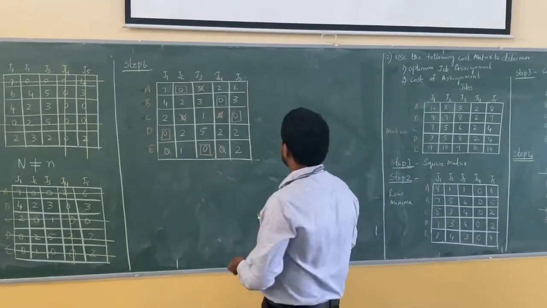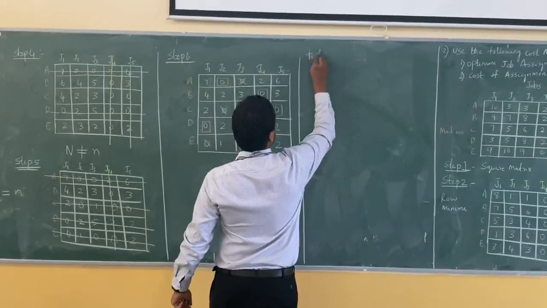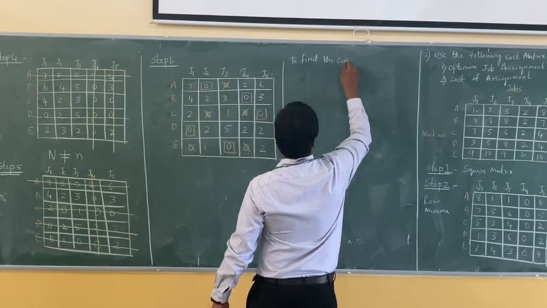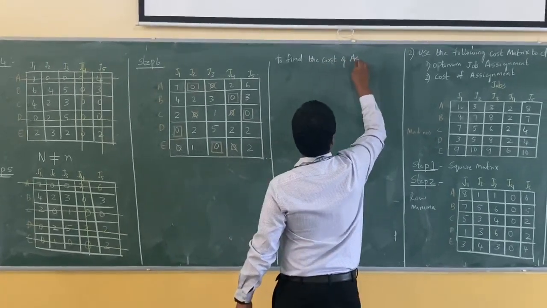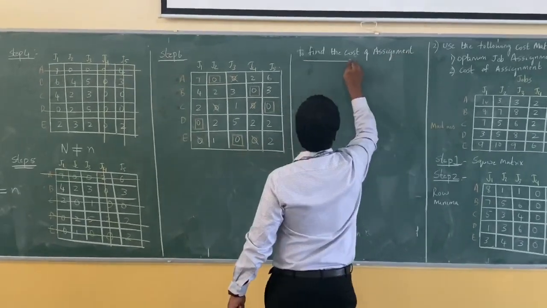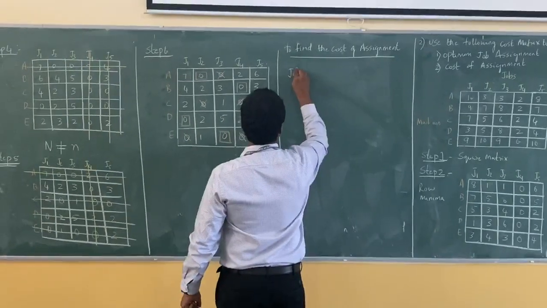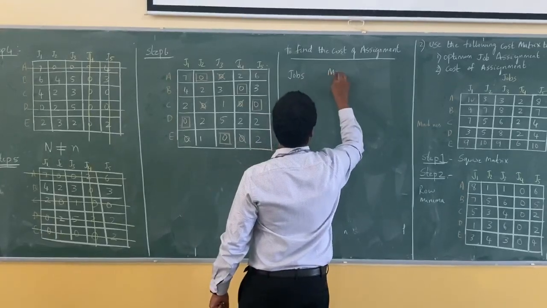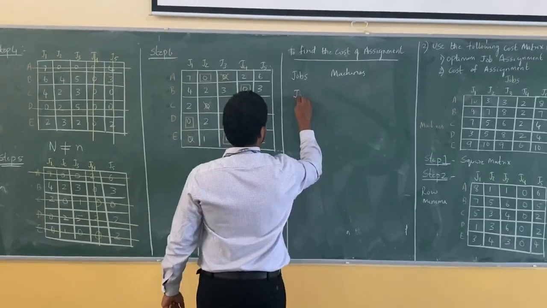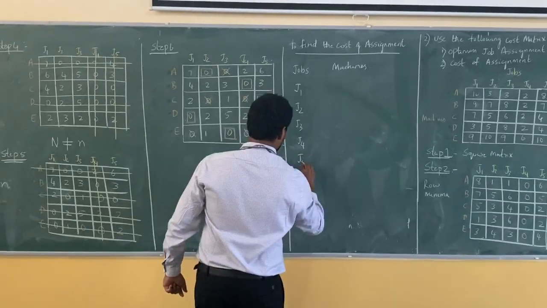So how to find the cost here? To find the cost of the assignment, here we have jobs, here we have machines. I'll write the jobs J1, J2, J3, J4 and J5.